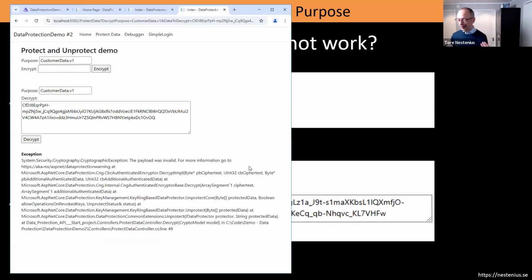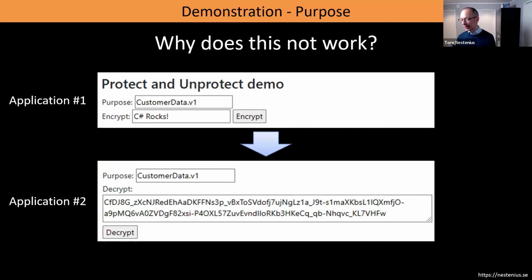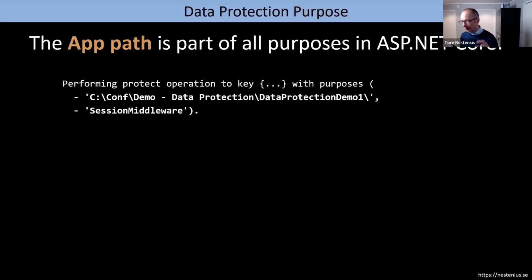We get an invalid payload. So why does it not work? I mean, the purpose is the same, with the same key, but it still does not work. This is really kind of weird. Let's try to address this. So there's a secret. ASP.NET Core adds a path to each application as one of the purposes. So you can have an array of purposes.